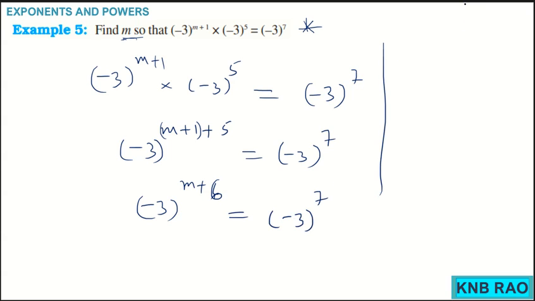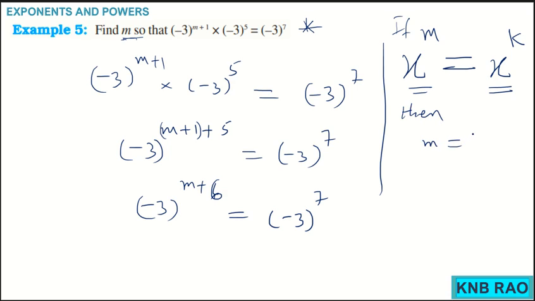See here, very important: when two exponential numbers are equal, for example, x^m is equal to x^k, with the same bases, then their powers will be equal.